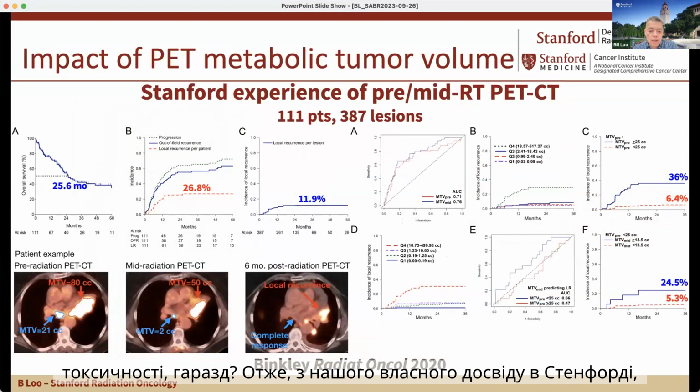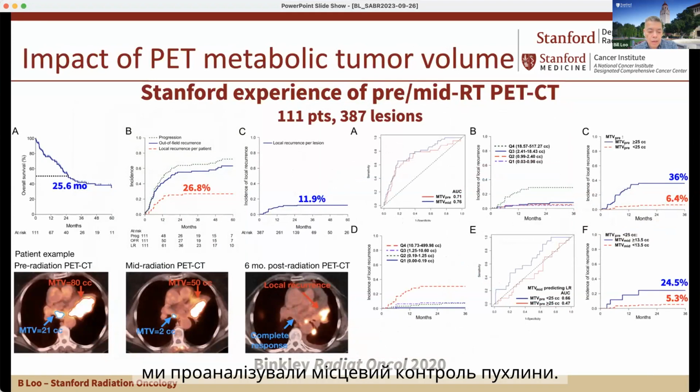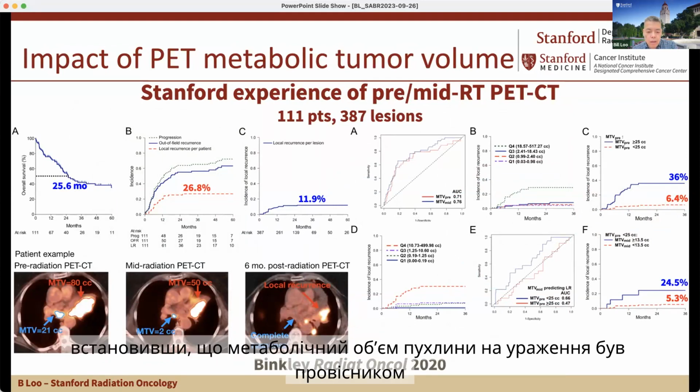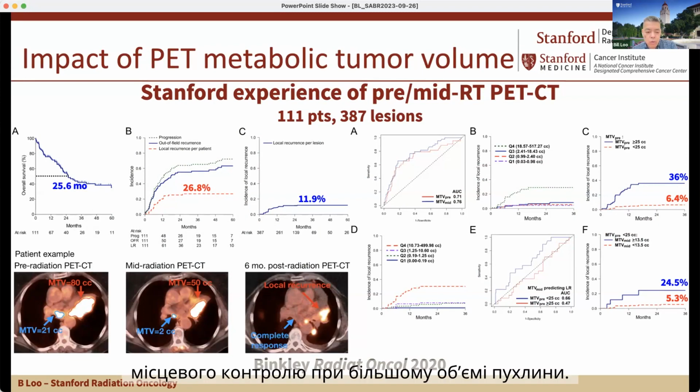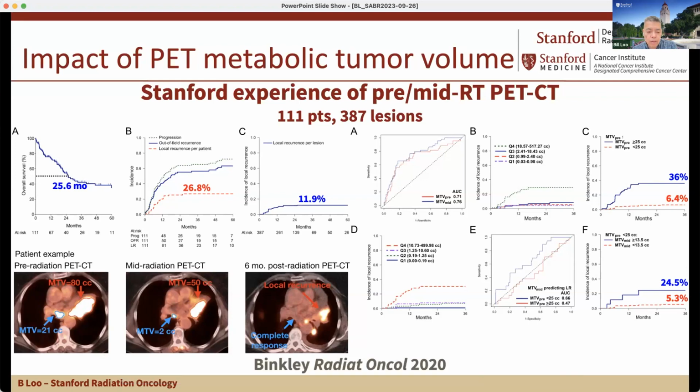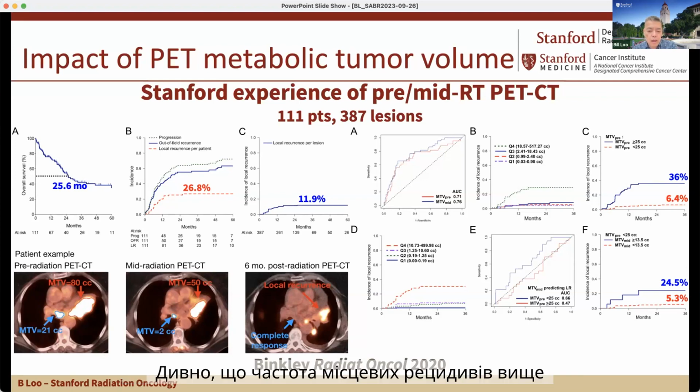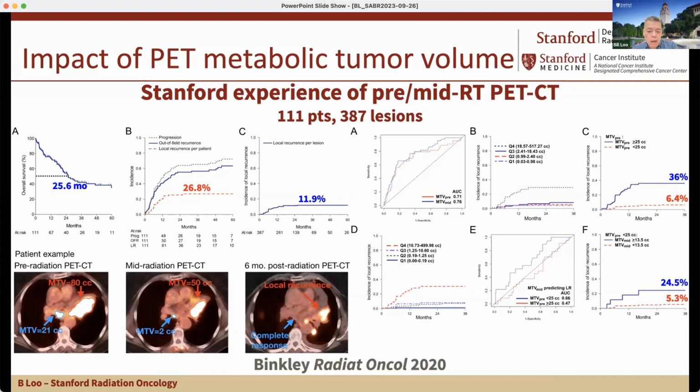Okay, so in our own experience at Stanford, we've analyzed local tumor control. This is Mike Binkley's publication on a per lesion basis, finding that metabolic tumor volume per lesion was a predictor of local control, with larger tumor volume, not surprisingly, having a higher rate of local recurrence.